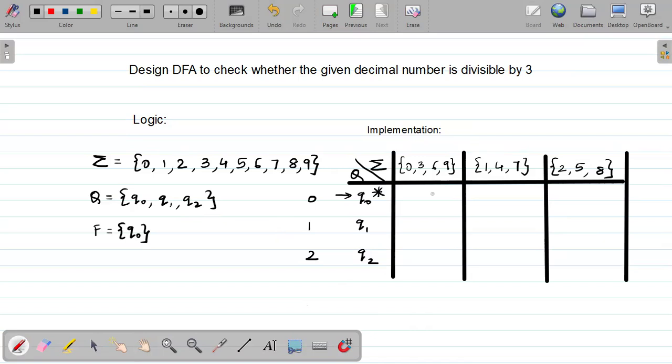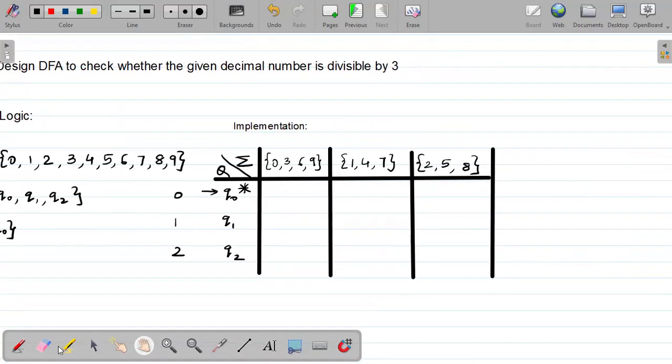In this case, we are in the state Q0, input is 0, and 3 comes in. So the number becomes 03. When you divide 3 by 3, the remainder becomes 0. So we'll go to the state Q0, because the remainder is 0.